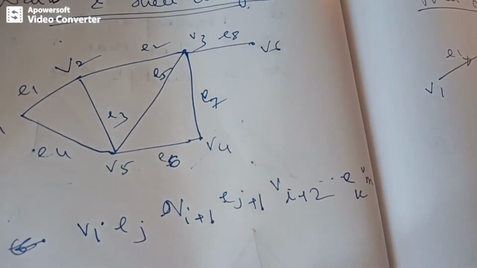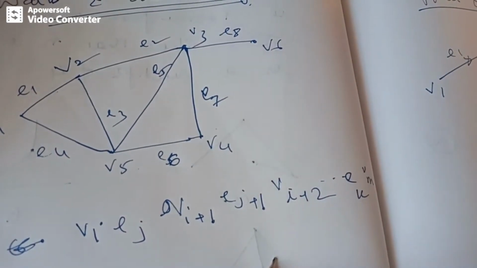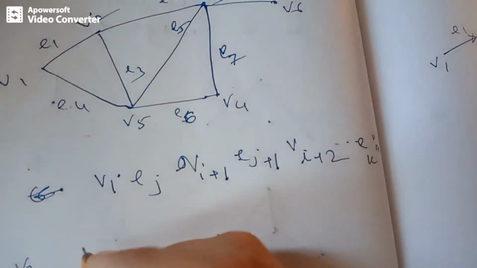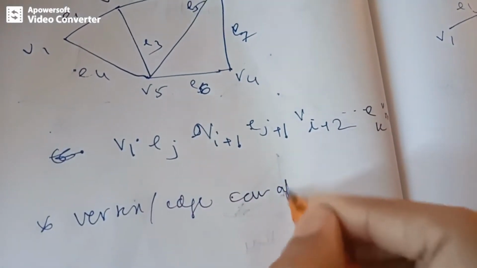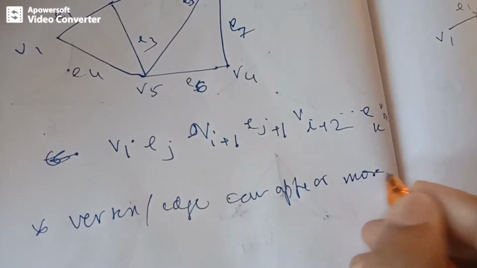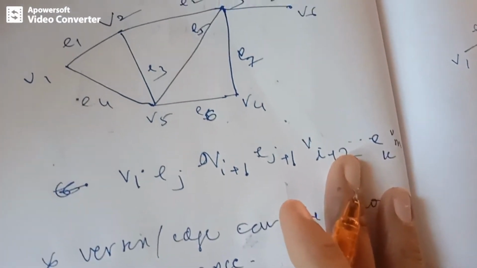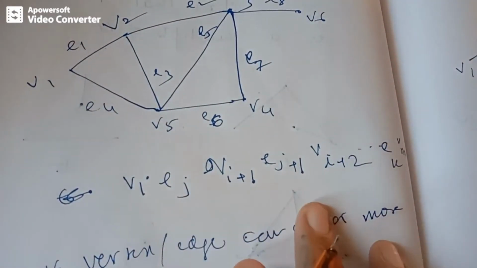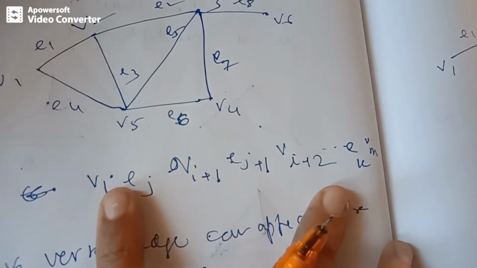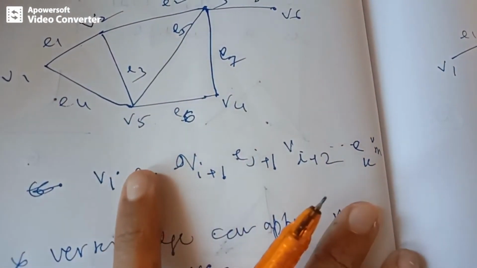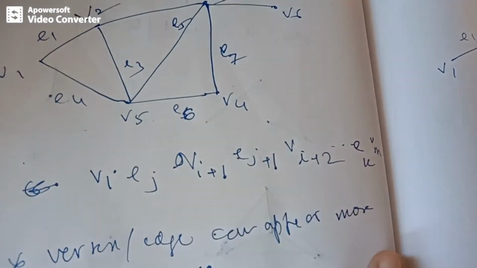In a walk, a vertex or an edge can appear more than once. That is the property. So what is the definition of a walk? A walk is an alternate sequence of vertices and edges which begins and ends with vertices, and such that each edge is incident on the vertices preceding and following it in the sequence.